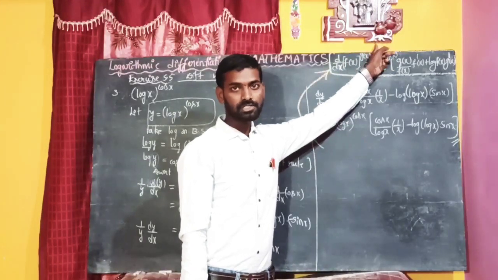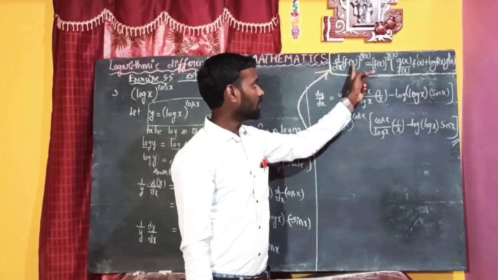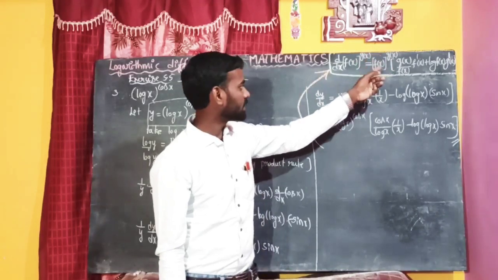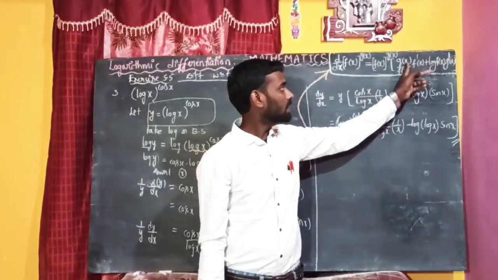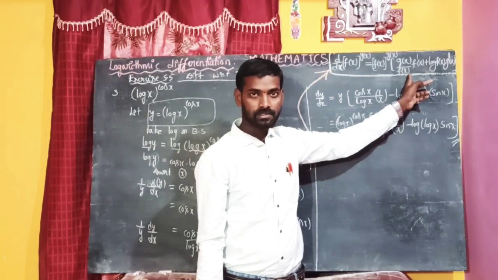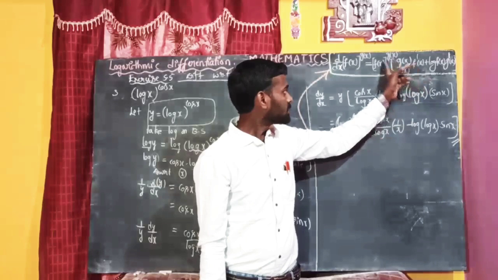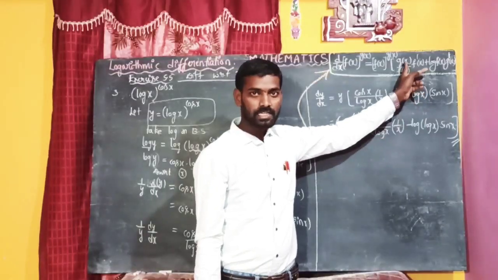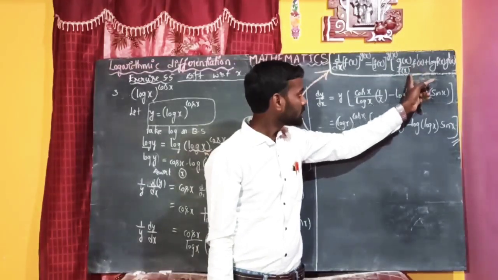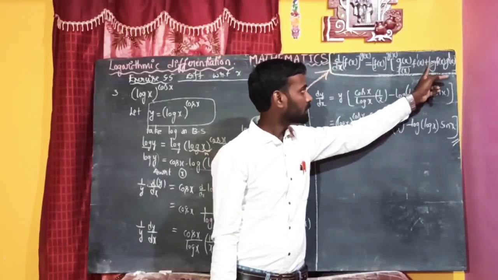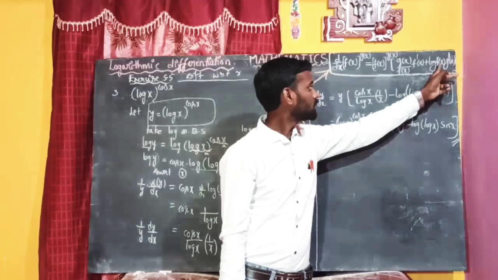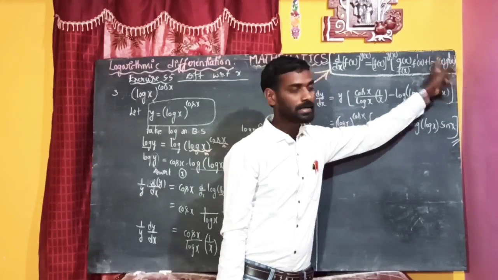Function to the power of function, f of x to the power of g of x, can be written as f of x whole power g of x into g of x by f of x, the denominator derivative, into f dash of x, plus log f of x into g dash of x, the power derivative.